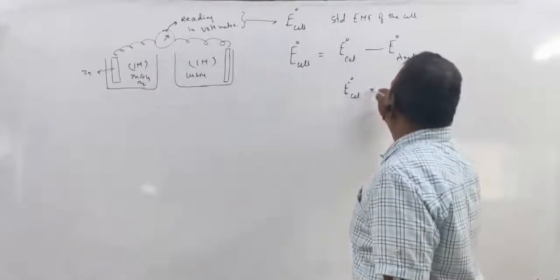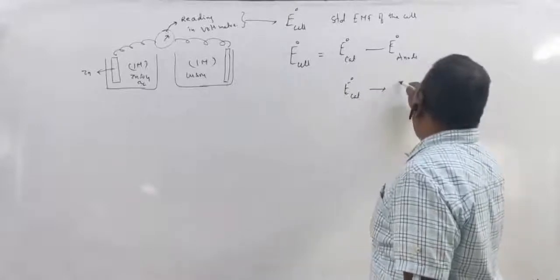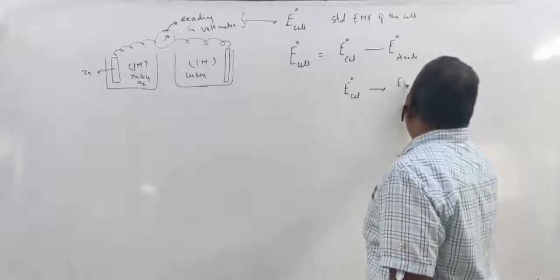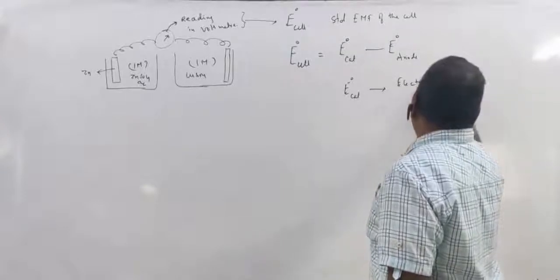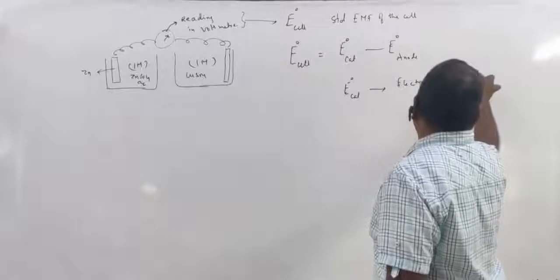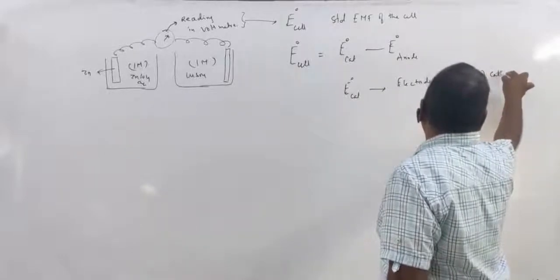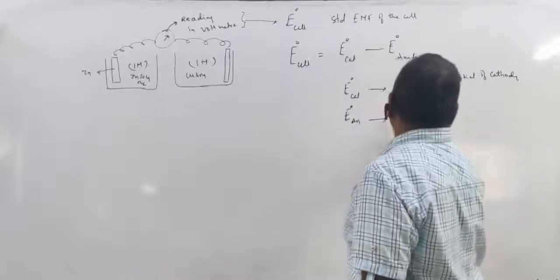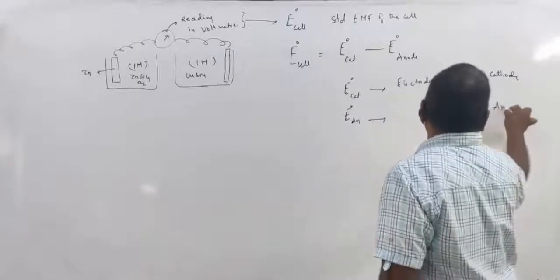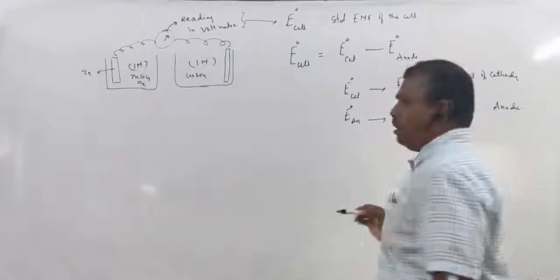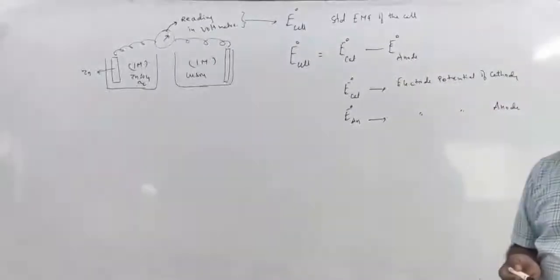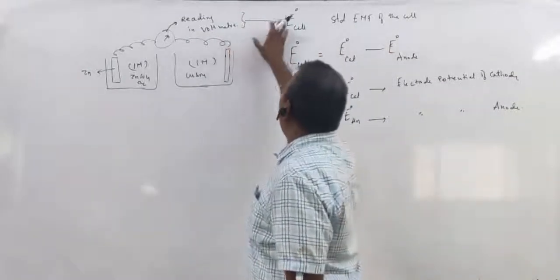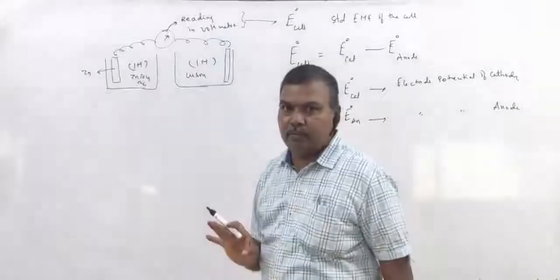E naught cathode is the standard electrode potential of cathode. E naught anode is nothing but the electrode potential of anode. So here we are getting directly the EMF of the cell.